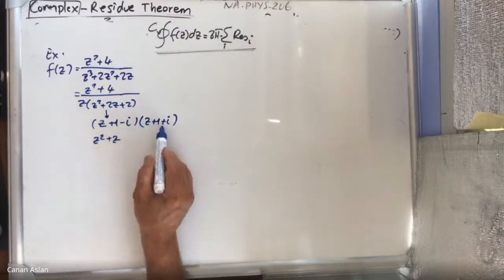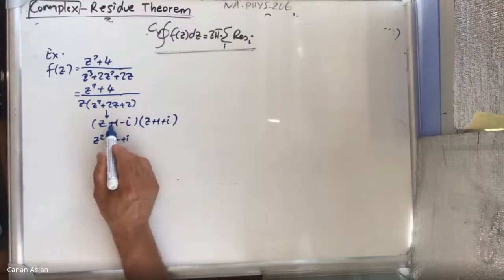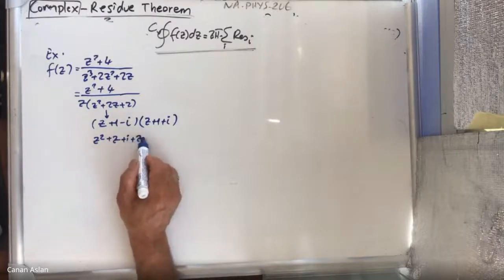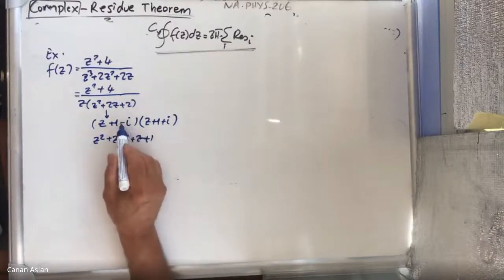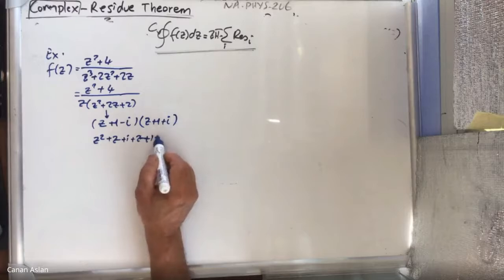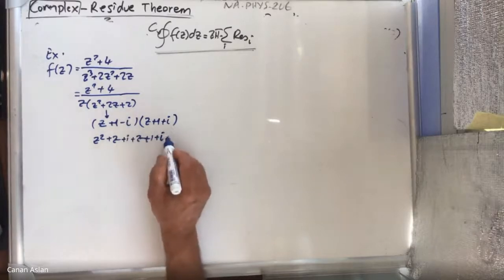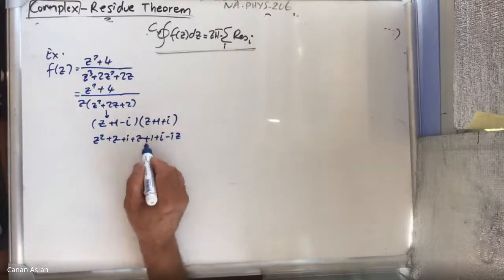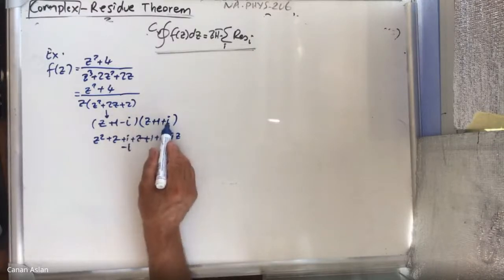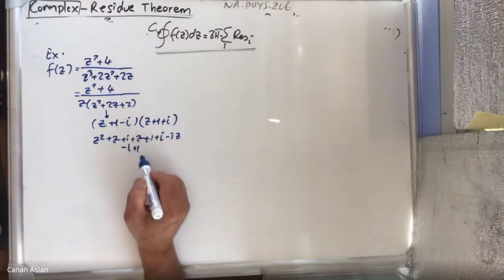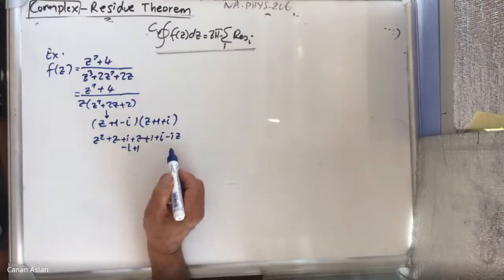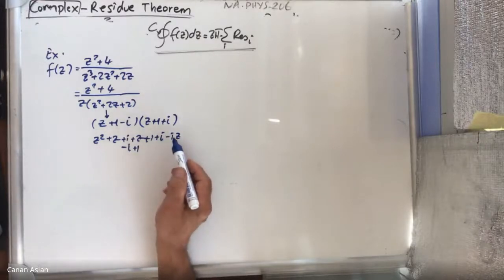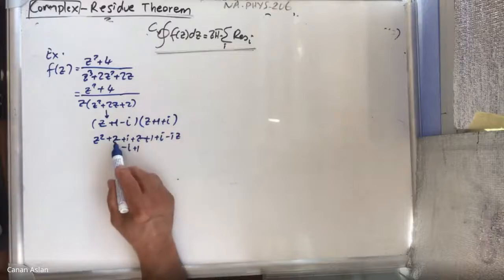So plus z plus i, plus z plus 1 plus i, and then minus iz minus i, and another minus i squared, which is just plus 1.